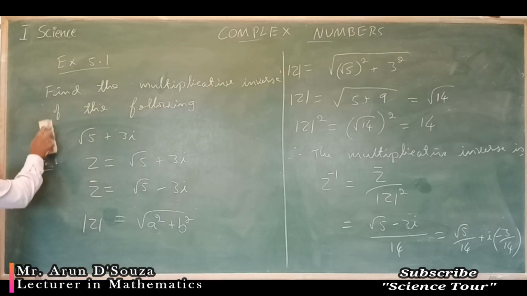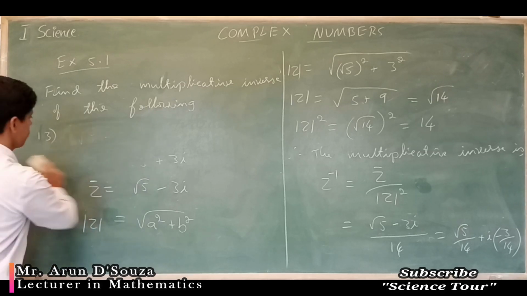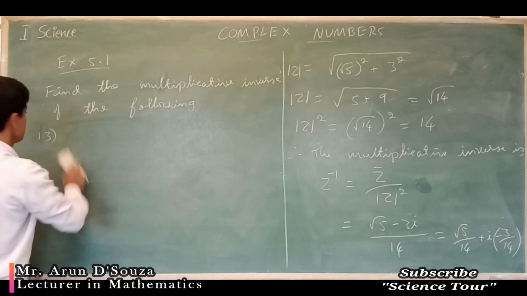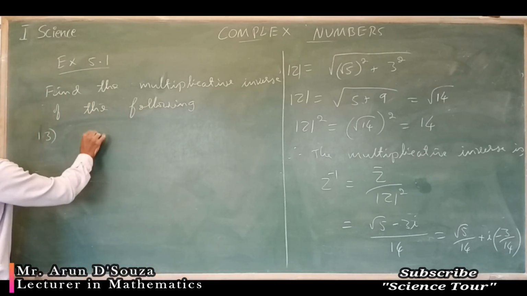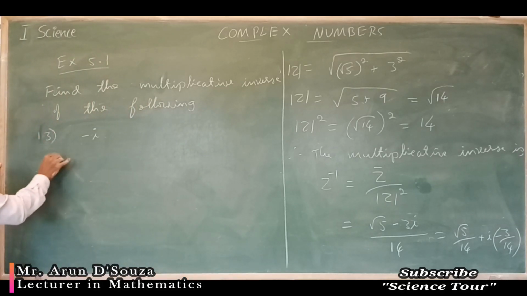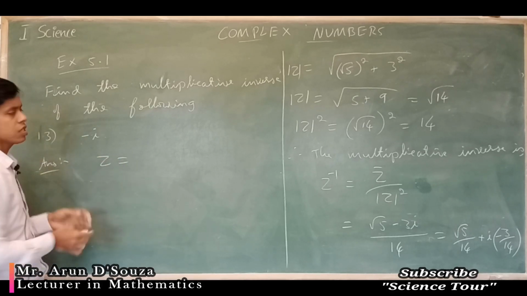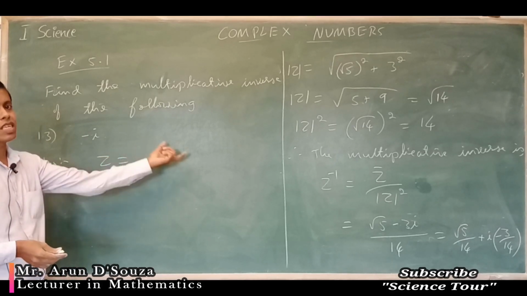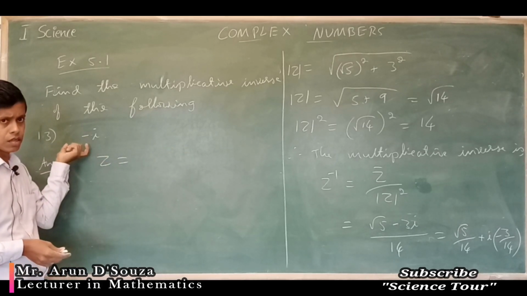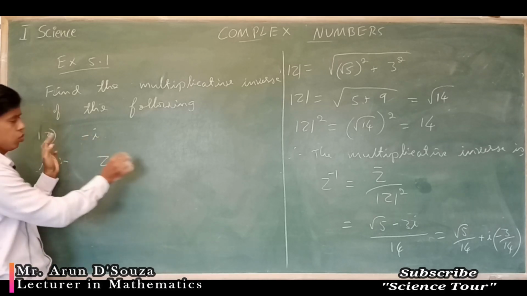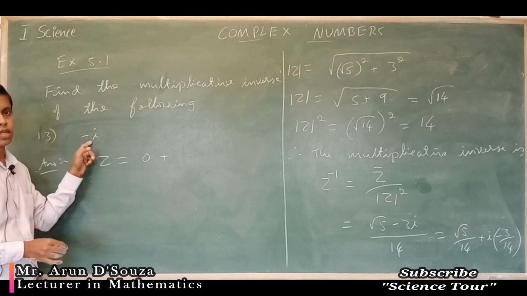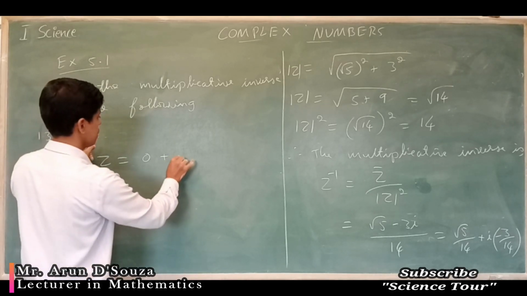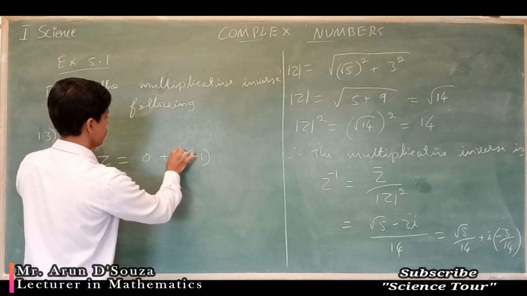There is one more question remaining, that is 13. Question number 13 is the simplest one, and that is minus i. So what you need to do is first write Z is equal to a plus ib form. So what is a here? a is 0, and plus, what is b? Minus 1.